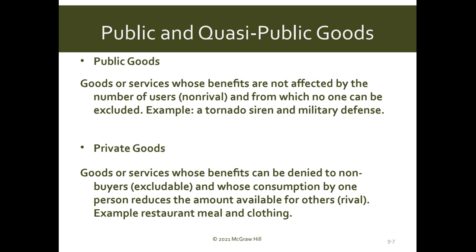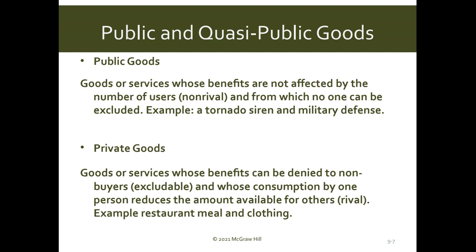Similarly, excludability is also there. So goods and services whose benefits can be denied to non-buyers, that is excludable, and whose consumption by one person reduces the amount available for others, that is rival. For example, a restaurant meal and clothing, right?